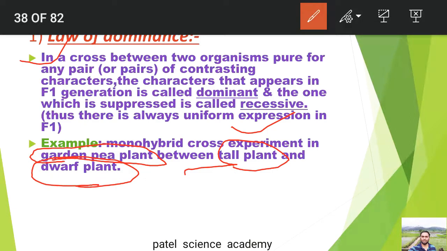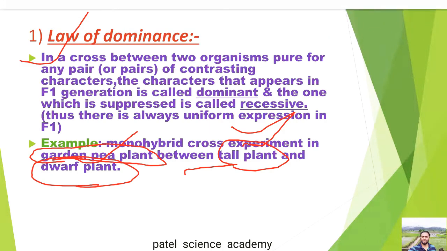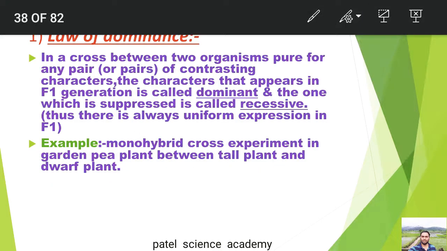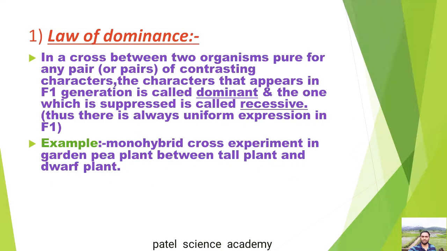The contrasting character here is the stem height. One parent is tall and the other parent in the cross is dwarf, meaning short. Let's see this example. We'll take the two parents and compare their height. One will be tall and the other short or dwarf.